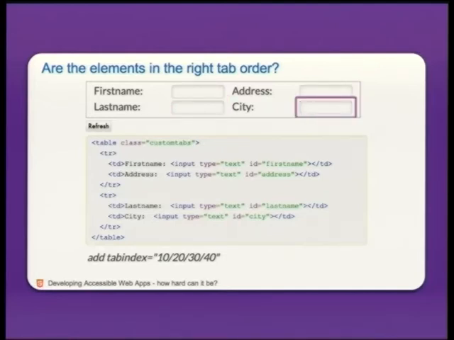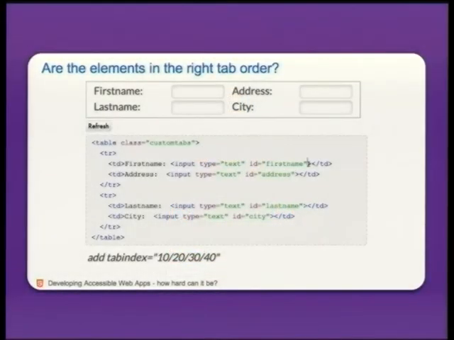How often have you gone to a form and tried to tab through it, and it's driven you crazy because it jumped all over the place to the wrong elements, because that's the way the DOM order was created, rather than the logical way, where first name and last name should be next to each other? We're going to fix that here, and you probably already know how, but it's fairly simple. You give an explicit tab order.